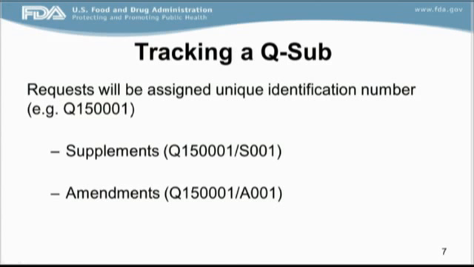For example, the first Q sub received in January 2015 would have been identified as Q150001. Supplements and amendments to Q subs will be tracked similarly and will be identified in sequential order as S001 for Supplement 1 or A001 for Amendment 1.